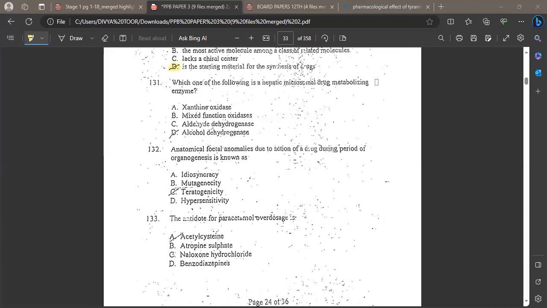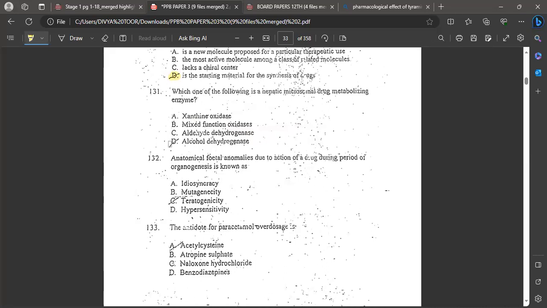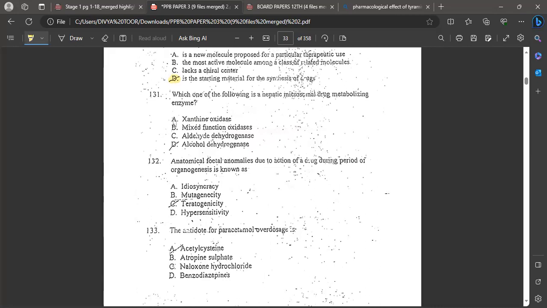Okay. Nice, thanks. So what would you answer? The AI is actually saying B is the answer. So, mixed function oxidases? Can we find the lead compound as well?